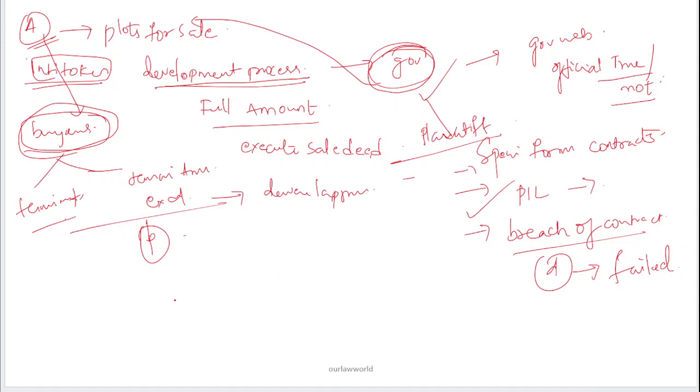Next, what are the pleas taken by the defendant? So far you have come to know what pleas the plaintiff can take, and now we'll be seeing the pleas on the side of the defendant.